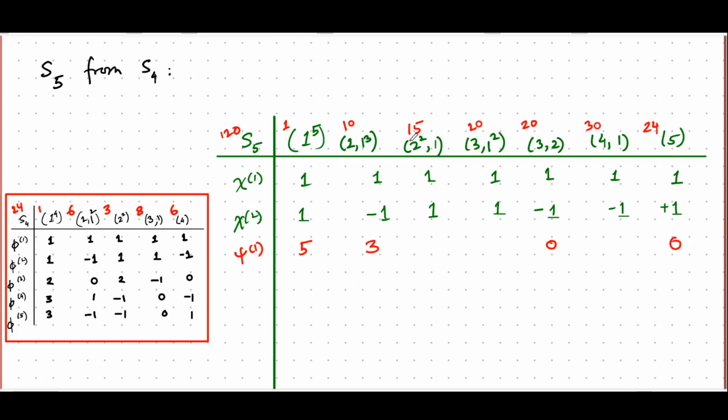Similarly, this one, after you freeze the single one cycle, will give rise to this particular class in S4. So for this, the compound character will be 5, that's the G by H, divided by 15 times 3, that's going to be 1. What about this one? 3, 1 square. Once we freeze one cycle, you are left with 3, 1.